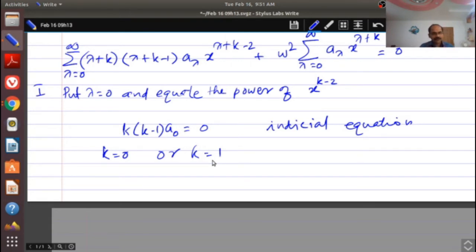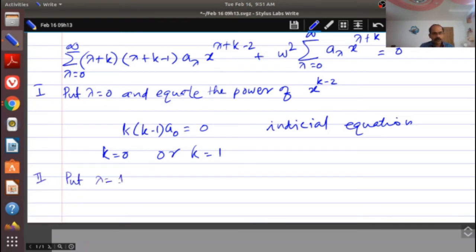Now the second step. Let's put lambda equal to 1 and repeat the same, and equate the coefficient of x raised to, which will be the lowest power.